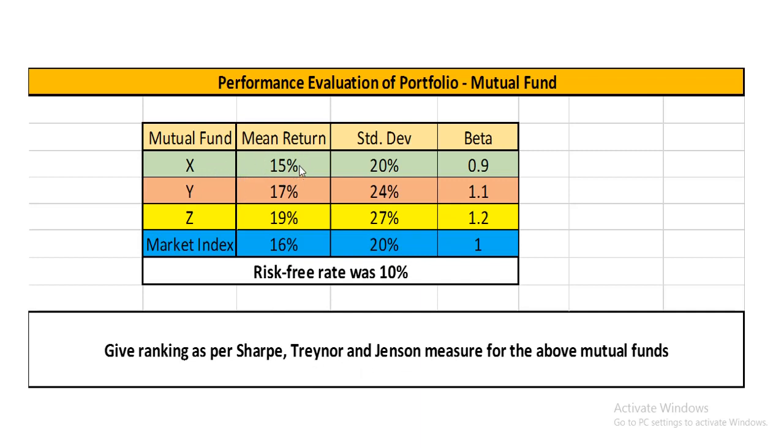We will find out the ratios of all three mutual funds and even the benchmark for Sharpe, Treynor and Jenson, and then we also give rankings: according to Sharpe, which is first, second and third mutual fund; according to Treynor, which is first, second and third; and according to Jenson. So let us see.